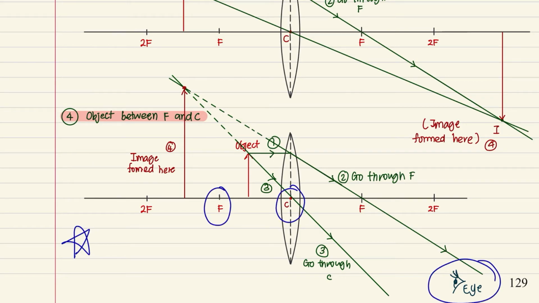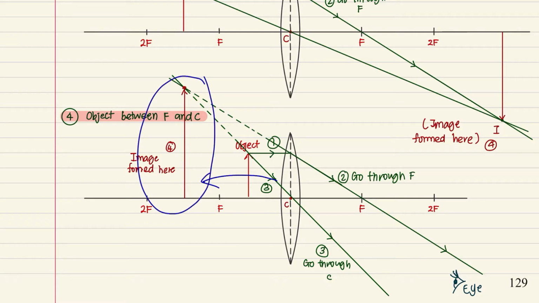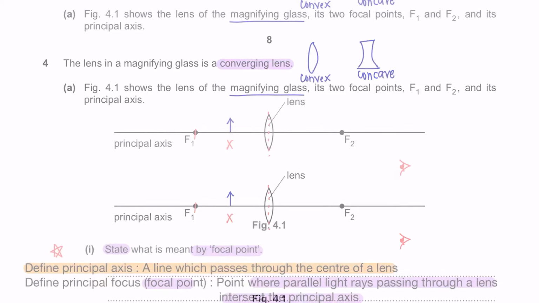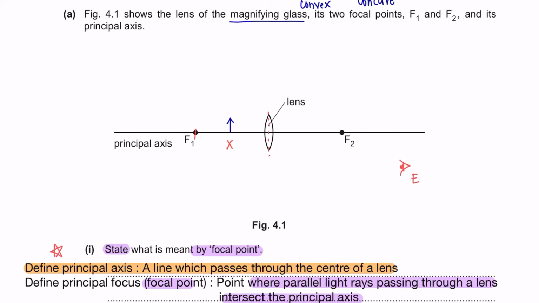And this is where your eye position is. The image of a magnifying glass is located behind the lens and the image is usually larger. And this is your eye position. So to get a magnified image, a possible position for the object is between the focal point and the center of the lens. And the position of the eye is somewhere at the bottom here. This is point X and this is point E.